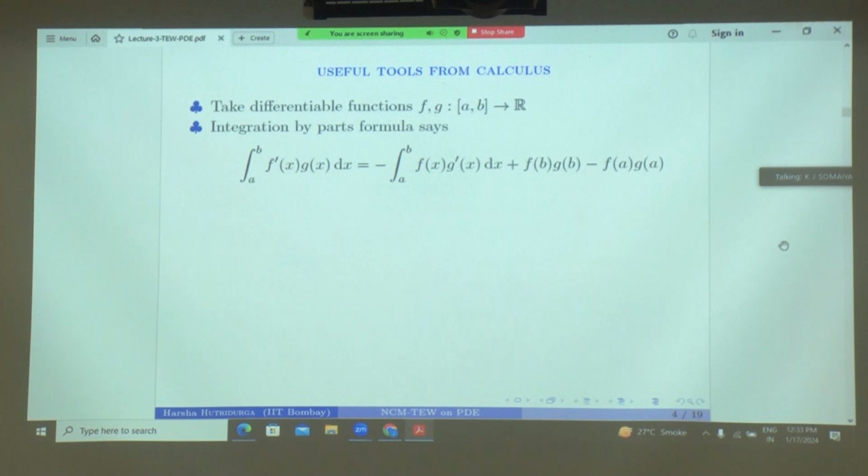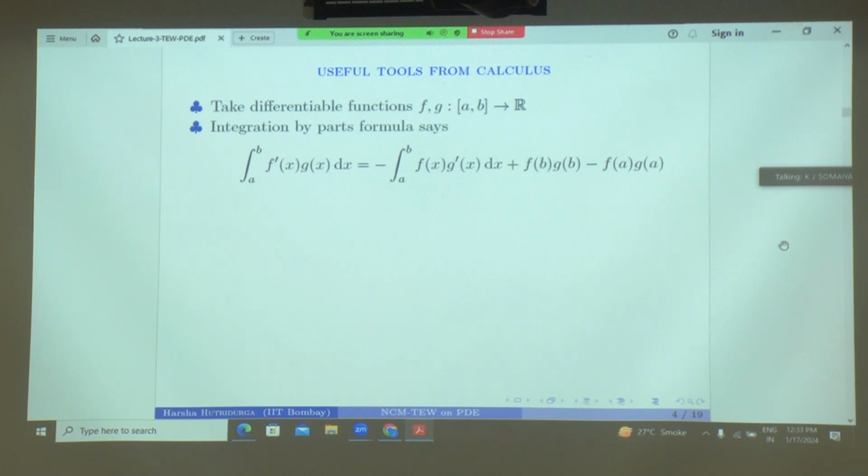Now if you integrate this from a to b, you are integrating the right hand side also from a to b. By the fundamental theorem of calculus, when I integrate this, it is just f evaluated at b times g evaluated at b, minus f evaluated at a times g evaluated at a. And you keep the other term on the right hand side. And that is the integration by parts formula.